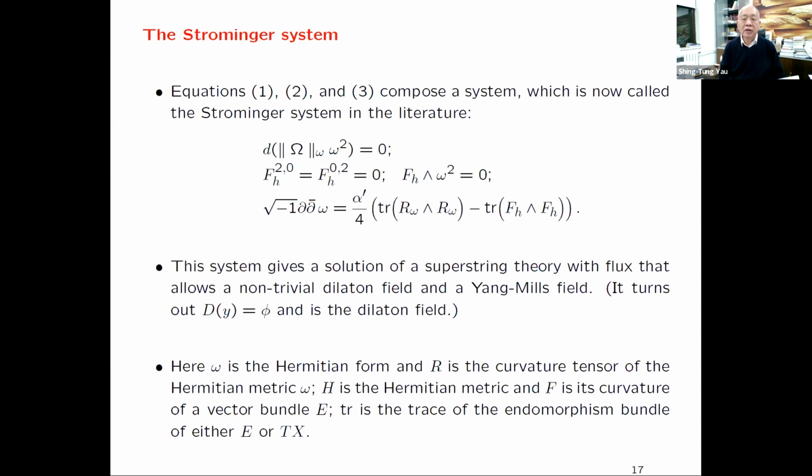The last equation is called the anomaly equation. It's coming from supersymmetry considerations. And this defines an interesting, beautiful system of equations linking the bundle with the metric. The first one is defined by the metric. The second one is defined on the bundle, but the last one links these two together.